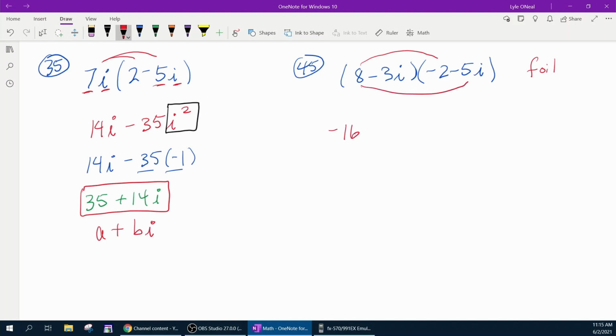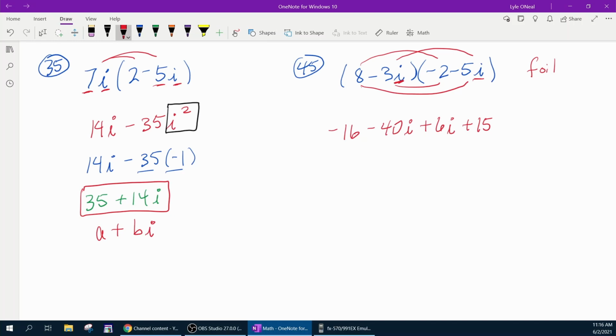On the outside, negative 5 times 8 is a negative 40i. On the inside, negative times a negative gives me a positive 6i. And last but not least, a negative times a negative gives me a positive 15.